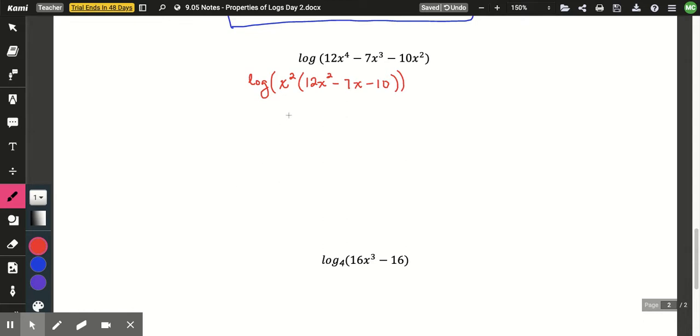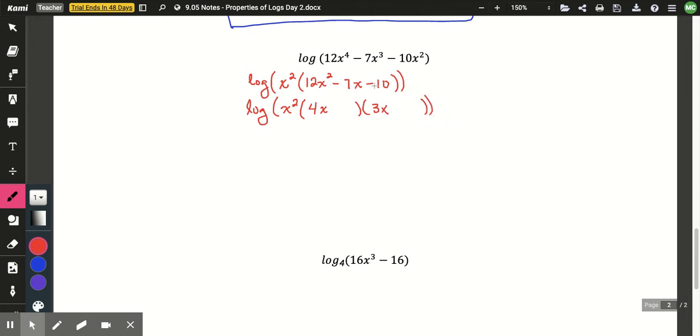Okay, so now in addition to that x squared, I have a quadratic expression, and I suspect that that could be factored as well. So I'm going to try it. I'm just going to take a guess on this one to try to make life easier for me. So I'm going to say the 12, if I break that up into 4x and 3x, maybe I can work with that.